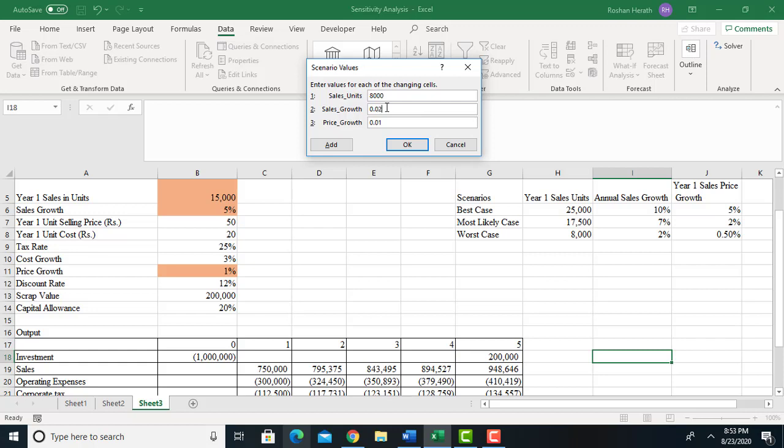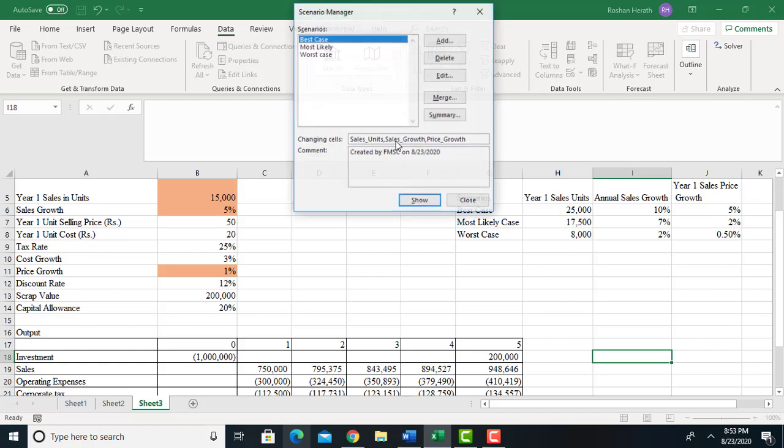It's only 2% annual sales growth and the price growth is going to be 0.5. So carefully take that as 0.005. If it is 0.5, it's going to be 5%, but this time it's 0.5%. Hence it's going to be 0.005, right? Okay.